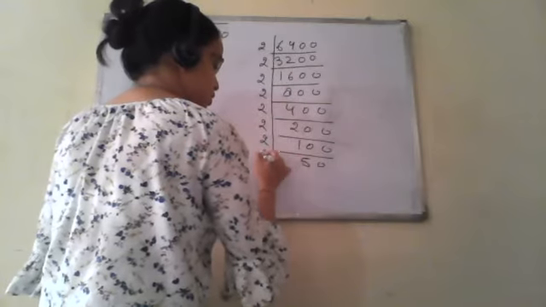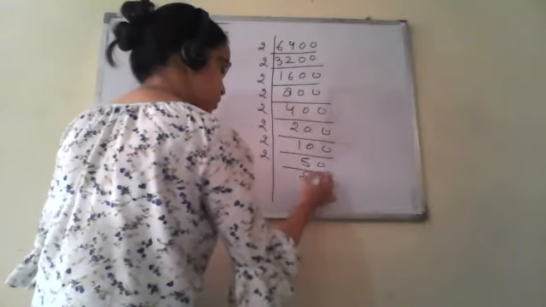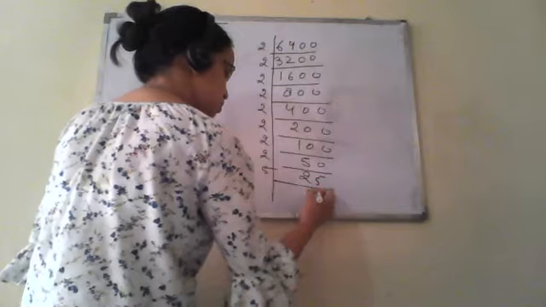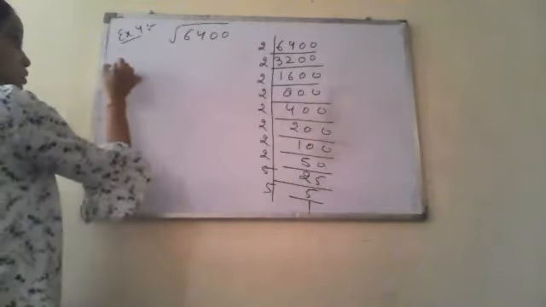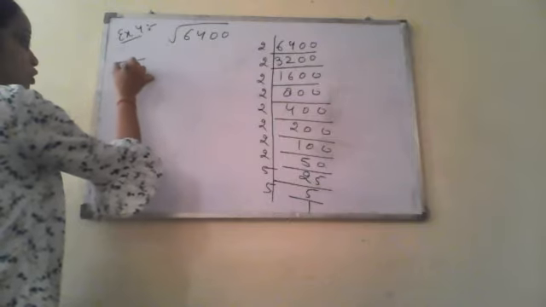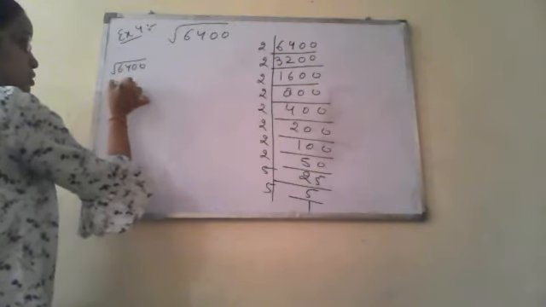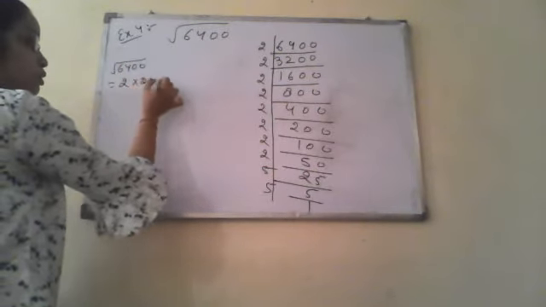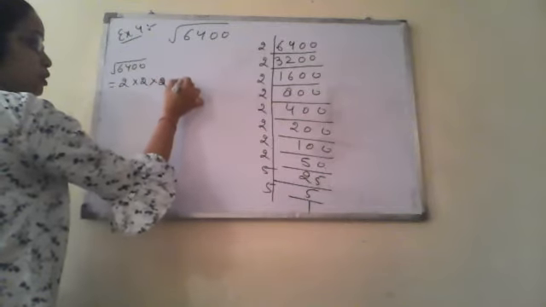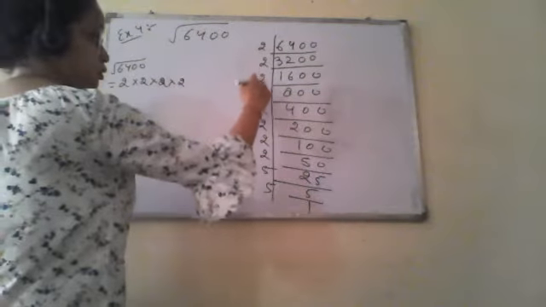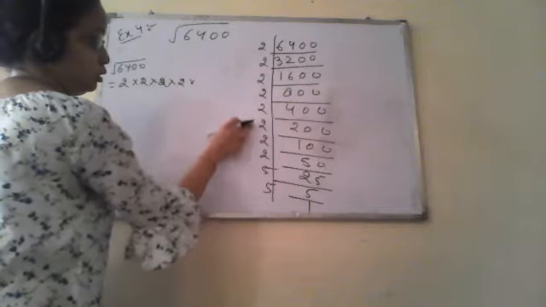This is 50. This is 25. This is 5 and this is 1. So in order to find the square root, we will write this as 2 into 2 into 2 into 2 into 2.